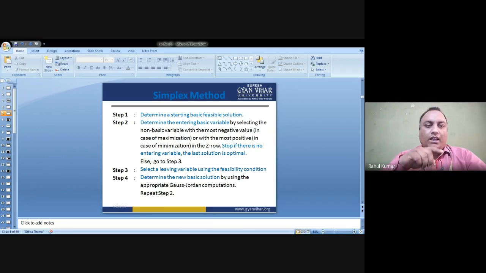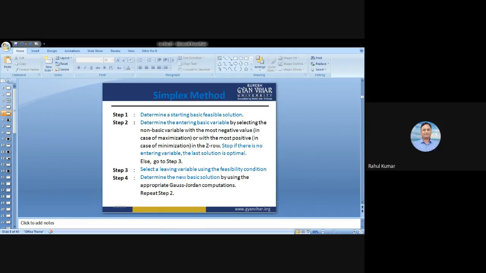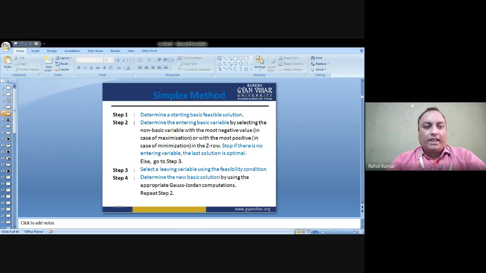This step gives the new basic solution, which you can determine by using the appropriate Gauss-Jordan computation. Here, the Gauss-Jordan computation method is used, and then repeat step number 2. This means the first tabulation is created and then a second tabulation is created for this solution.